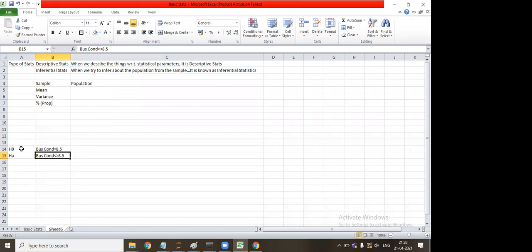The sample said 8.5, 4 people said 8.5. Now these two friends have a doubt whether the actual rating of the bus is 8.5 or not. So they've just put it on a piece of paper. Sir, it can be greater than 8.5 or less than 8.5. Yeah, it can be.